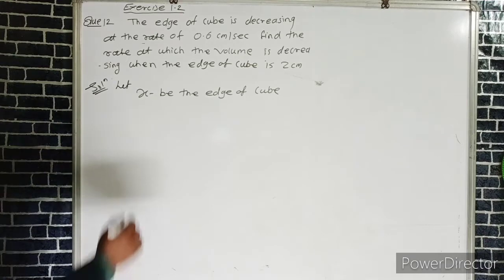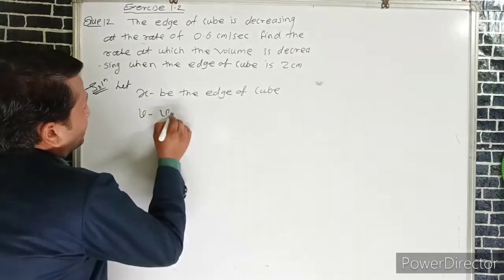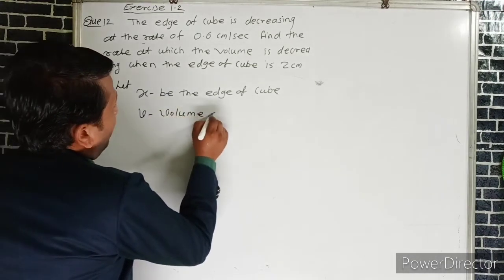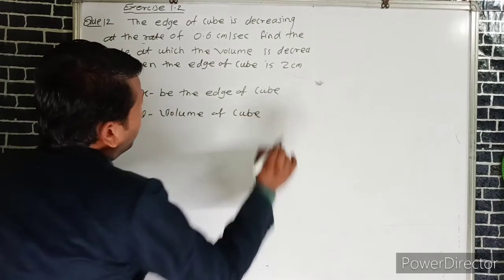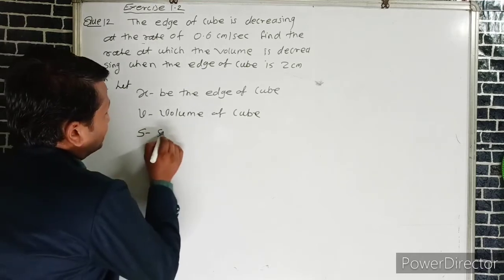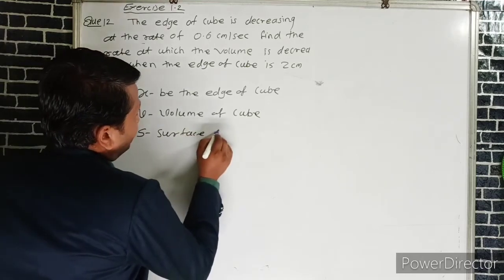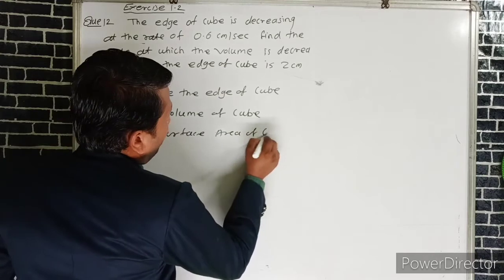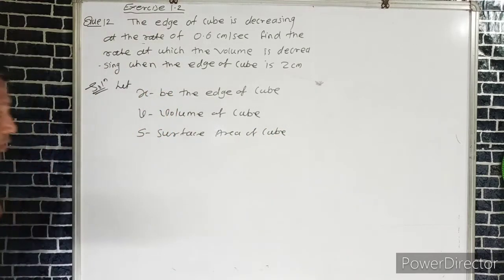So again we consider V to be the volume of the cube, and S to be the surface area of the cube.